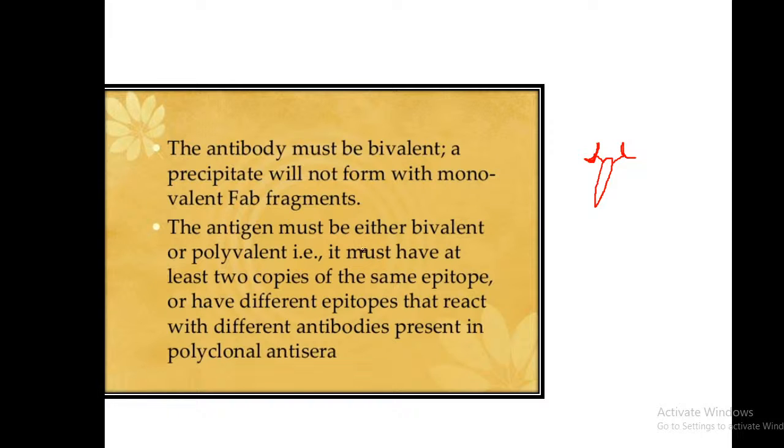The antigen must be bivalent, but it should have at least 2 copies of the same epitope. It should have at least 2 copies of the same epitope or have different epitopes for a functional effective precipitation reaction.